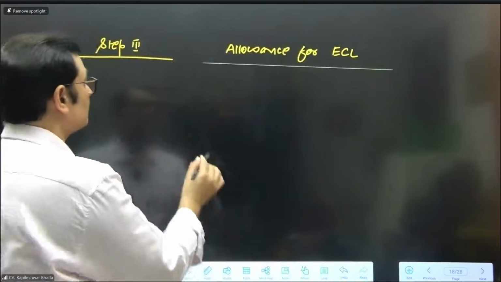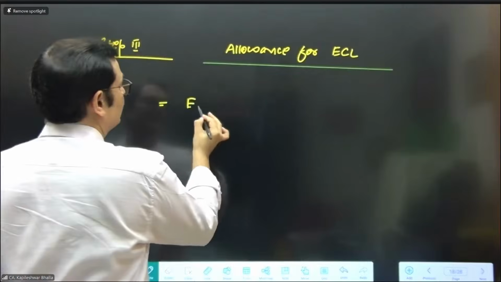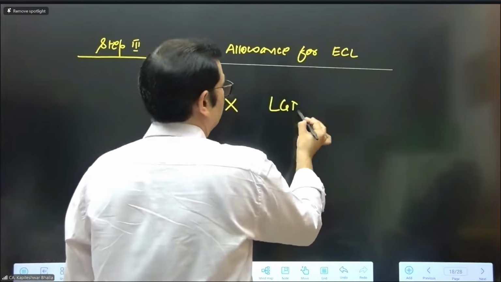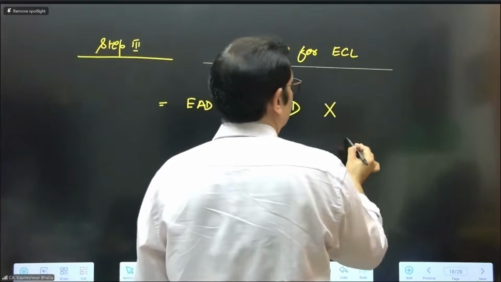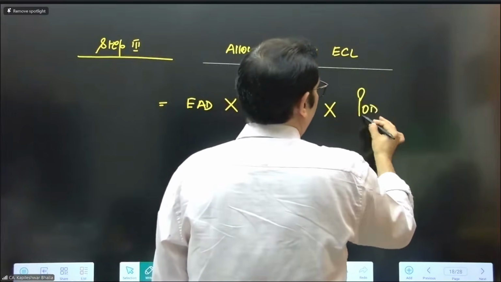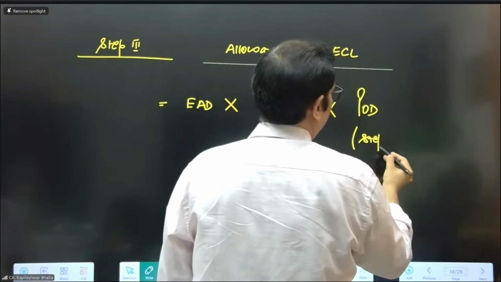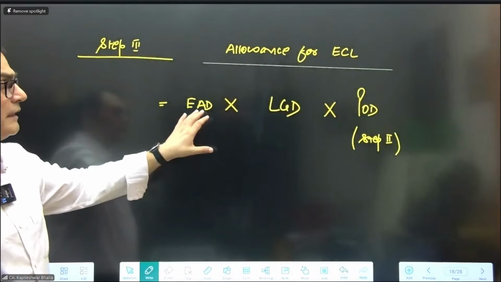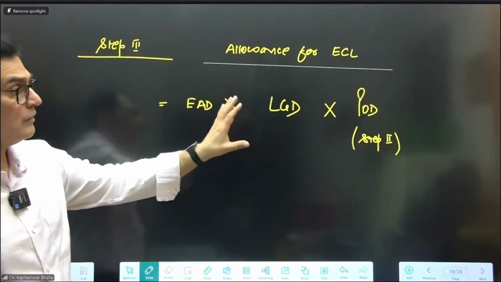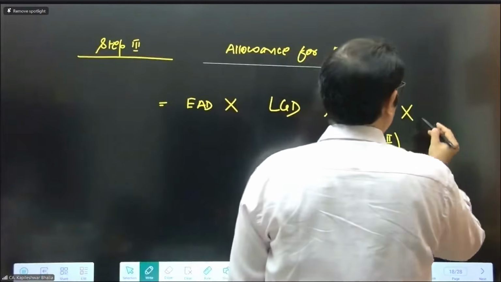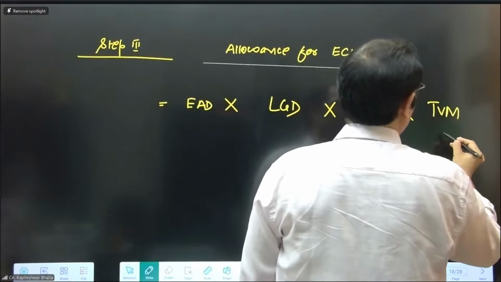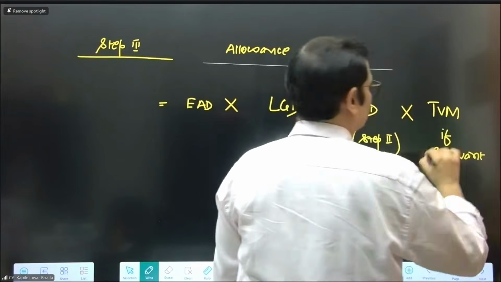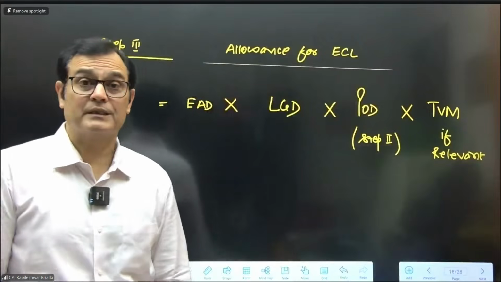You need to consider EAD, exposure at default, LGD, loss given default, and POD, probability of default, which you've already computed in step number 2. And we also consider TVM, time value of money, if it is relevant in nature. So the provision would involve a total of 4 factors.